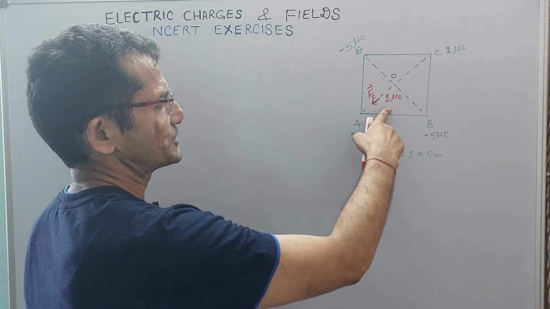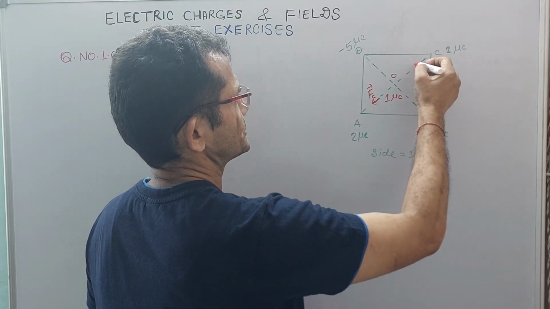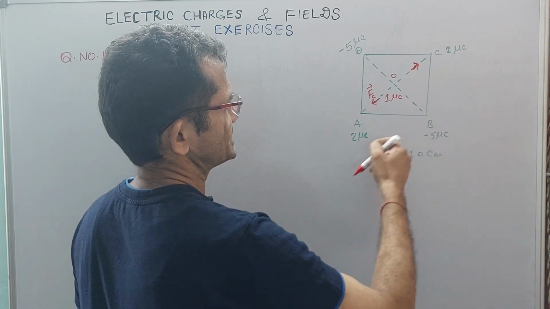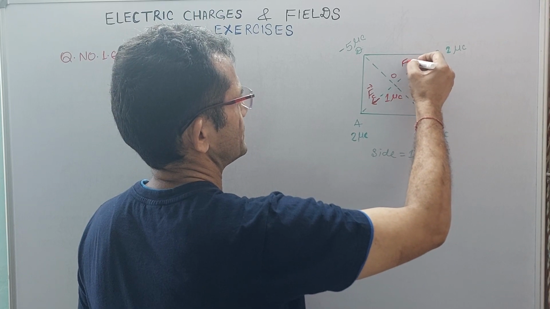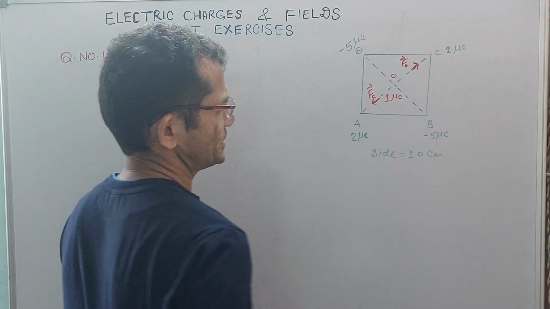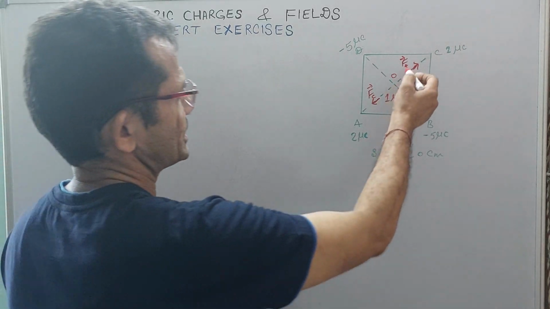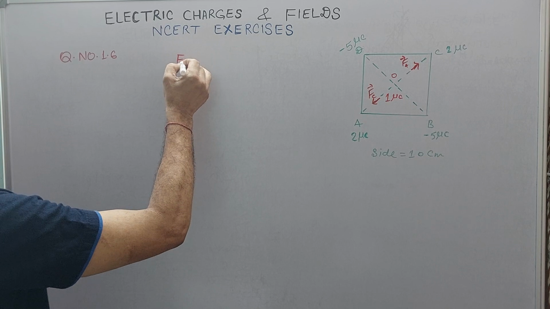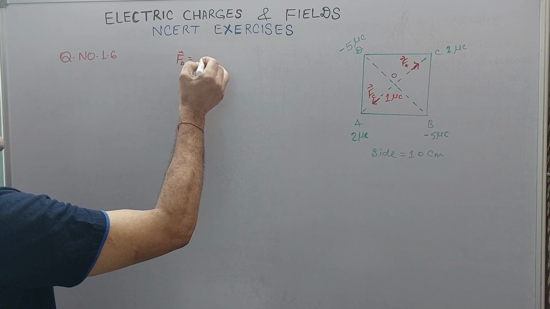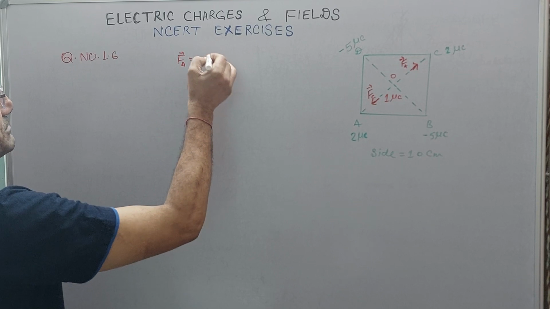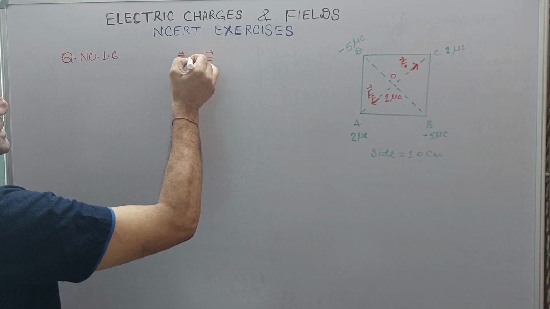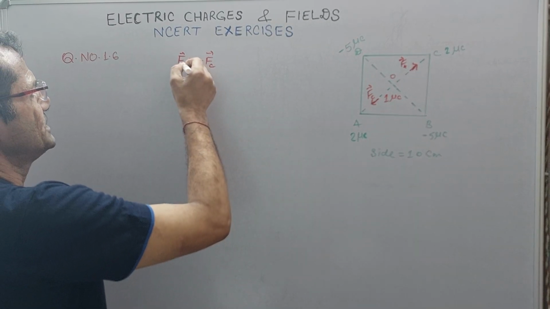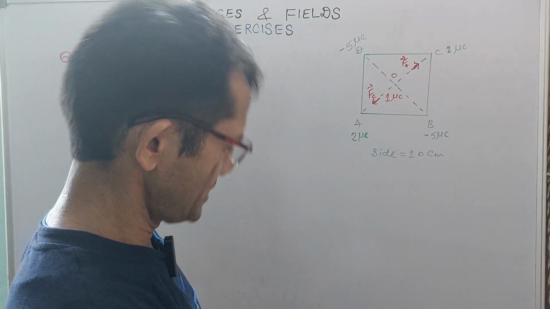This will repel 1 microcoulomb along AC. So this force will be along this one. We represent this force FA. So here FA and FC are equal in magnitude and opposite in direction. Therefore vector FA is equal in magnitude to FC, but its direction is opposite, so we represent minus FC.